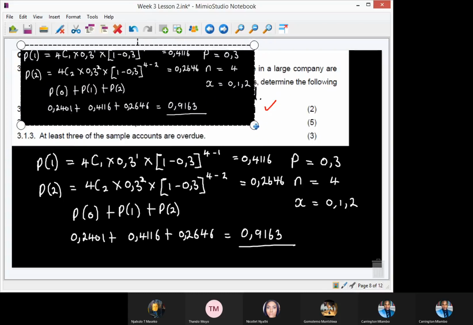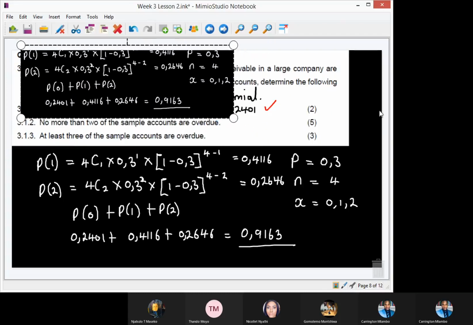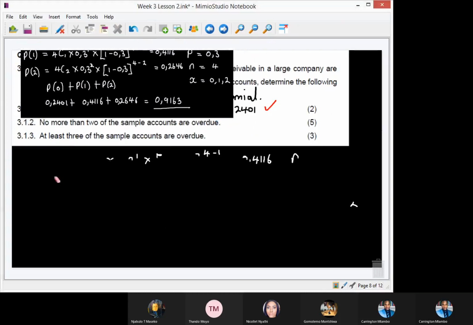Right, now the question is saying at least 3. So your P is 0.3, your N is 4, right? Your X is at least 3, so it's 3 and 4, right?